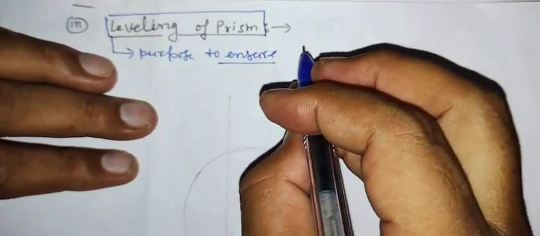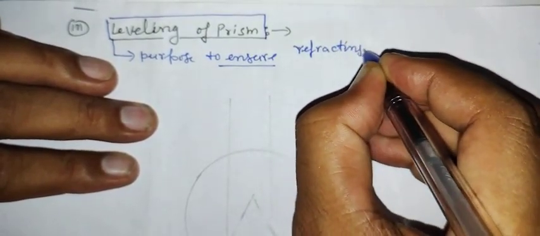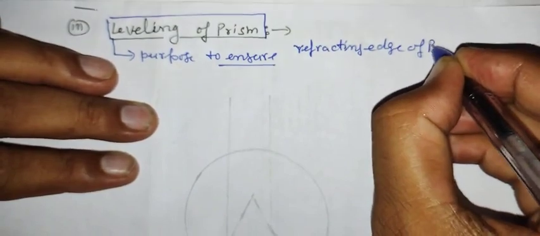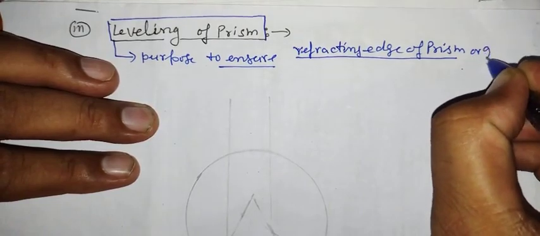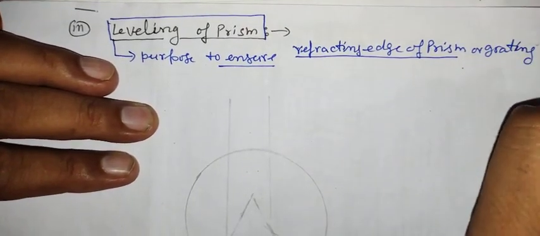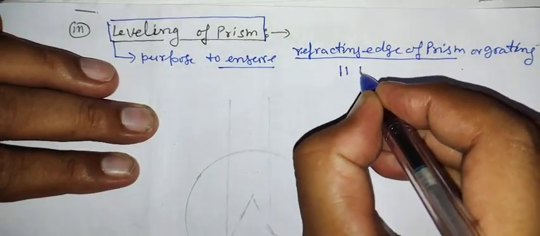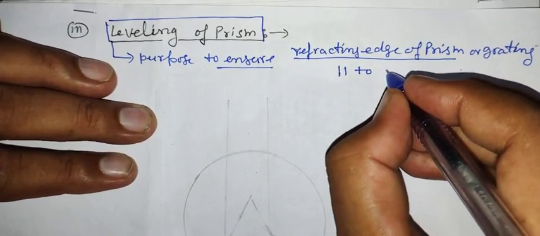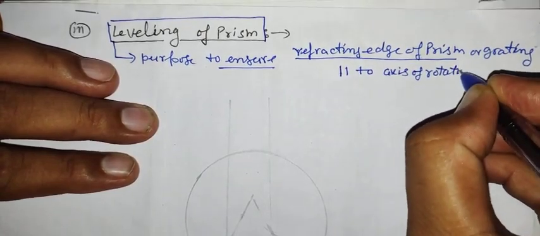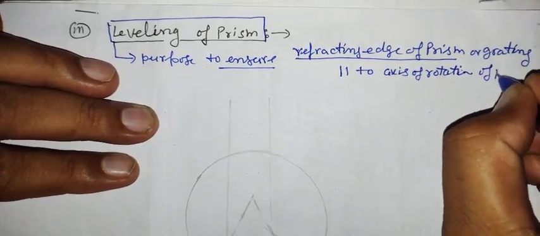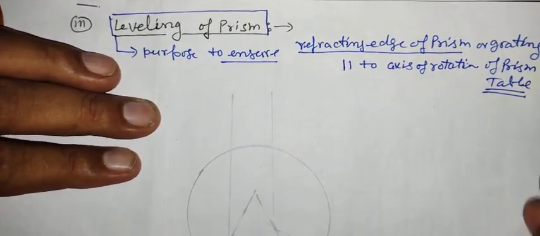To ensure that the refracting edge of the prism or grating becomes parallel. Parallel to what? Parallel to the axis of rotation of the prism table. See very carefully.